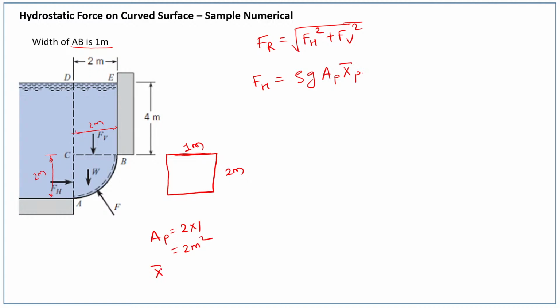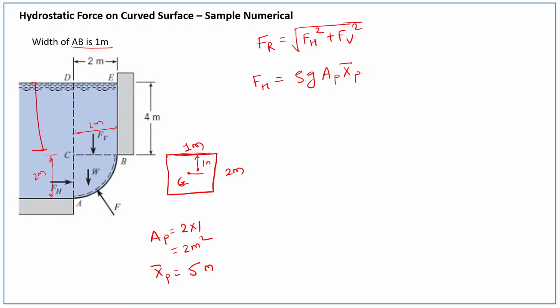And x bar of projected area, suppose this is the centroid CG, or simply we can write G. Then this distance will be 1 meter, and you can see this height up to this point is 4 meter. So 4 plus 1, that is 5 meter. So x bar is 5 meter.